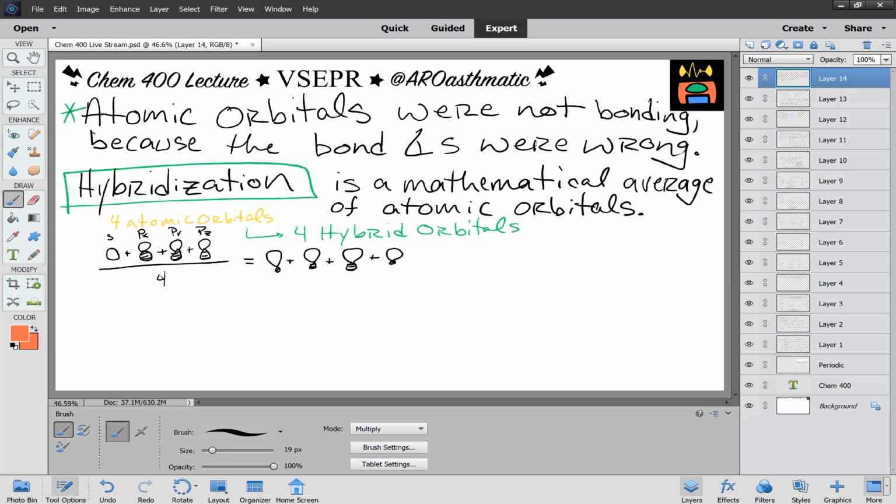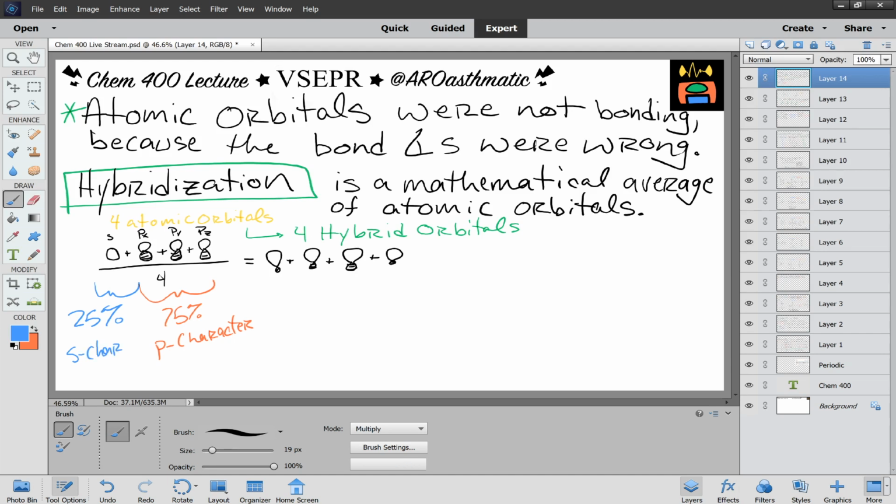Because these hybrid orbitals are an average of 3 p orbitals and 1 s orbital, we say that these new orbitals have 75% what we call p character, and 25% s character.